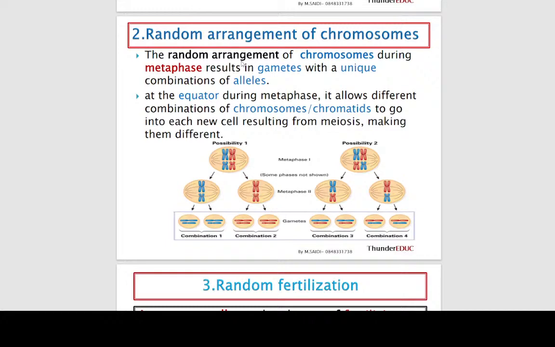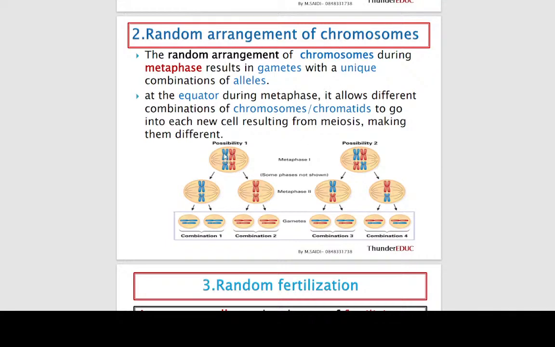Do you sit in the same place? No, but it's the same people. If you start adding them, like being in pairs, you see that you have different combinations. The person you are pairing with in the morning is not the same person you are pairing with in the afternoon. So that's how this random arrangement works.